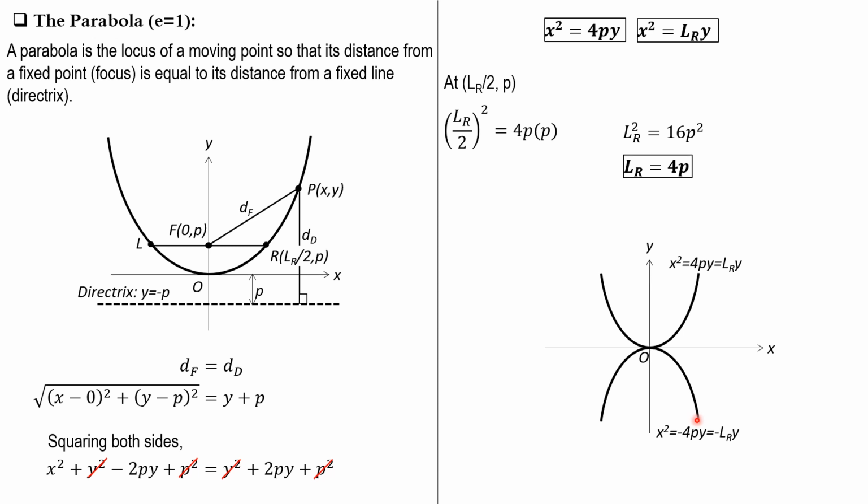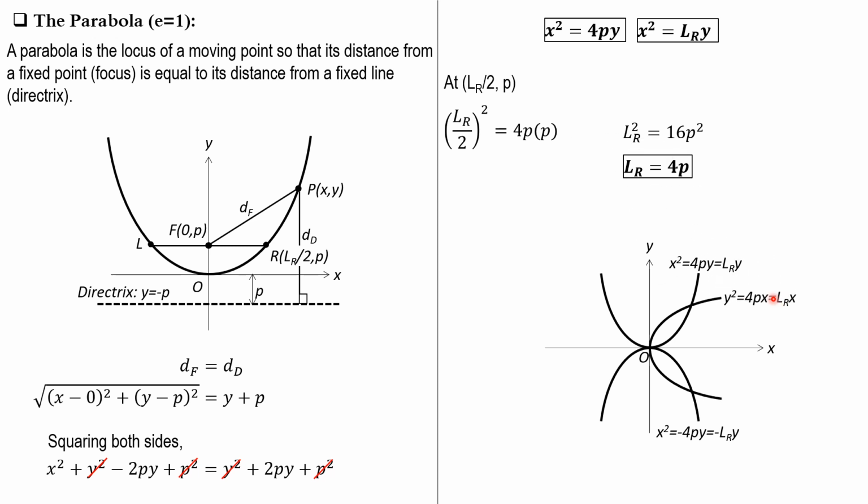So I hope that you can remember that. You just make the parabola with vertex at the origin open upward as your guide, and from there, you can write the other standard forms of equations of parabolas. For a parabola with vertex at the origin and open to the right, this time it should be y that is squared. So it is y squared equals 4p times x, or y squared equals latus rectum times x.